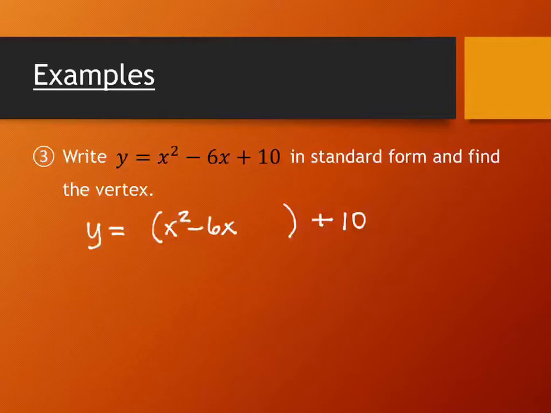So the key to completing the square is b divided by 2, squared. My b value here is negative 6. Negative 6 divided by 2 is negative 3, and negative 3 squared is positive 9.